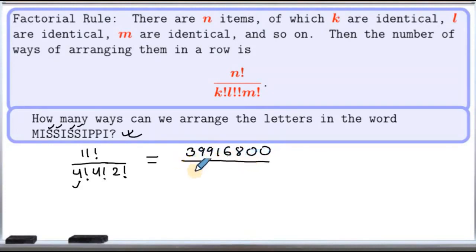And for the denominator, 4 factorial is 24, times 4 factorial is 24, times 2 factorial is 2. So this comes out to be 1,152.